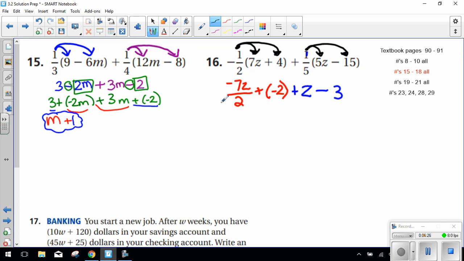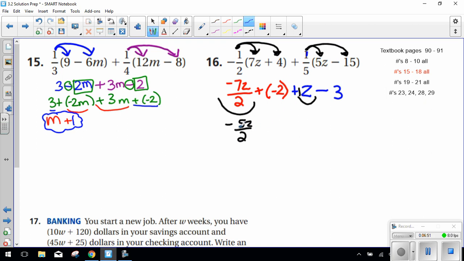I'm going to take negative 7/2 and add 1 to it. So in your calculator, if you do negative 7/2 plus 1, you're going to get negative 5/2 and just attach the z to the numerator.